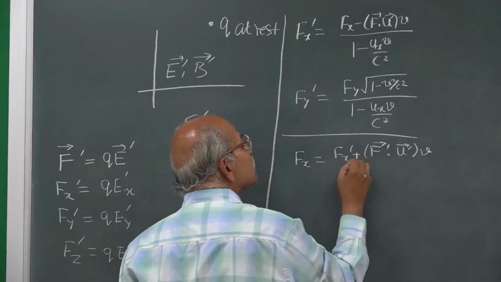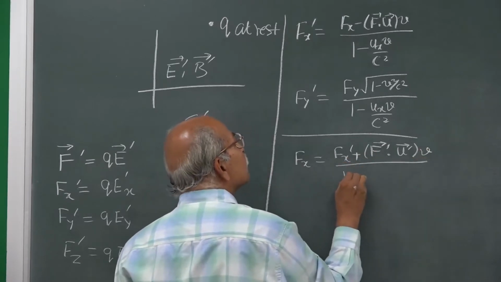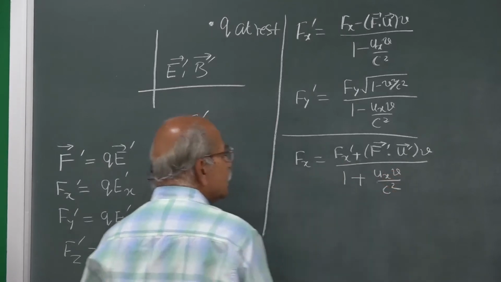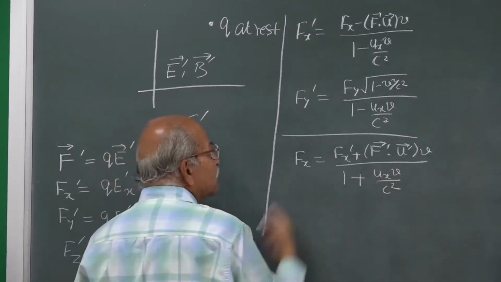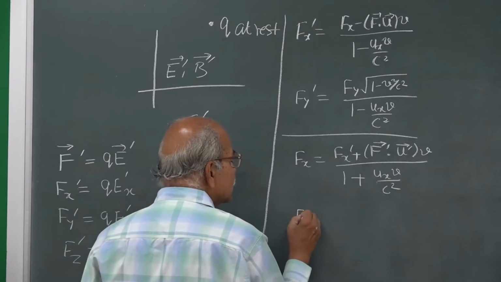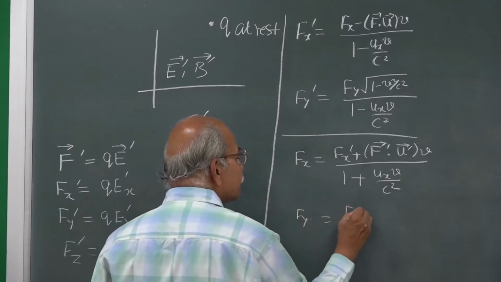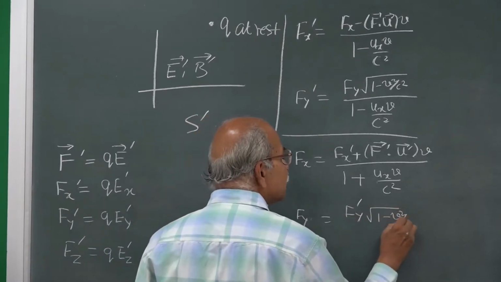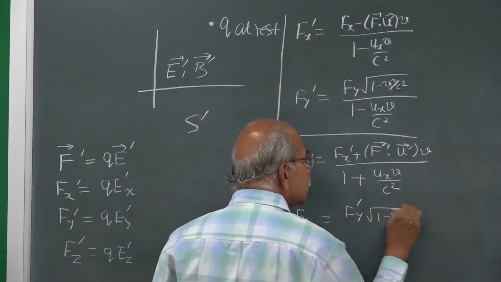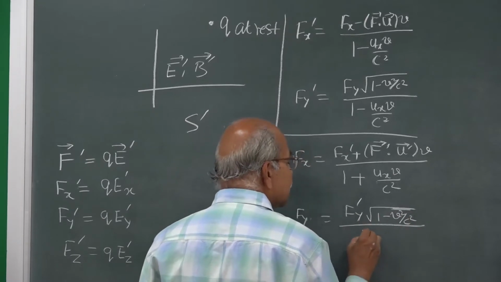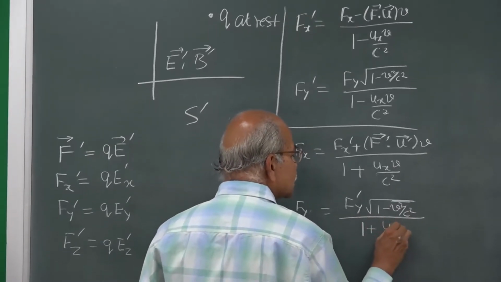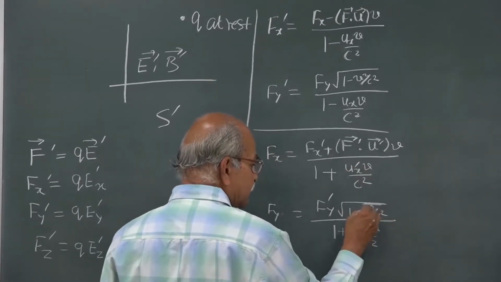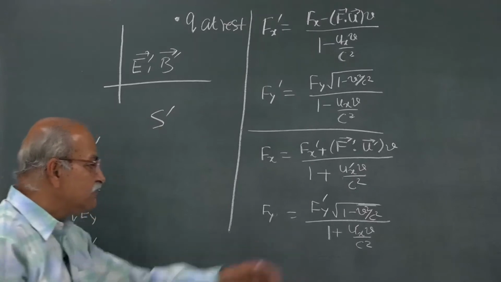So, this becomes plus here and divided by 1 plus ux prime v by c square, and Fy is equal to Fy prime square root 1 minus v square by c square, and then divided by 1 plus ux prime v by c square, that is it, and similarly Fz.